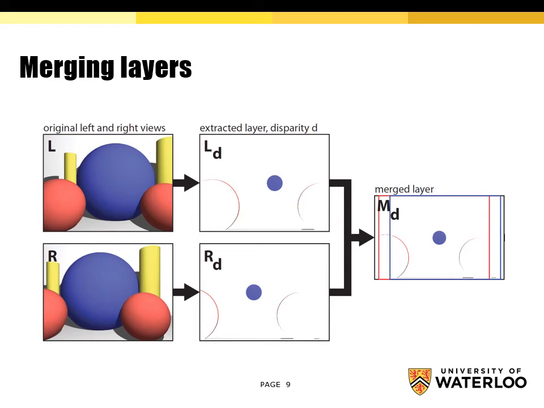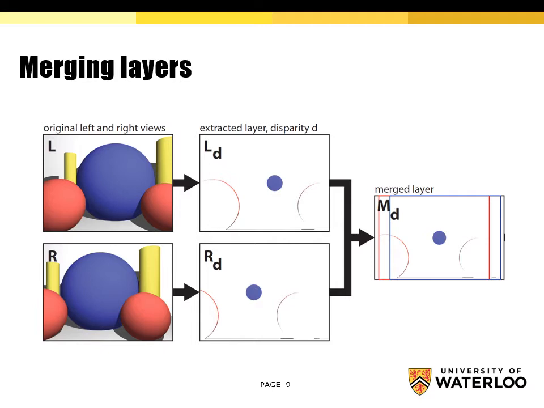Now let's discuss each of these steps in detail. So first we divide both the left and right images into multiple layers based on their disparity. That means a layer with disparity D contains only those pixels of the image which have disparity D. This way, once we find LD and RD, which represent the left and right image layers of disparity D, we merge both of them together.